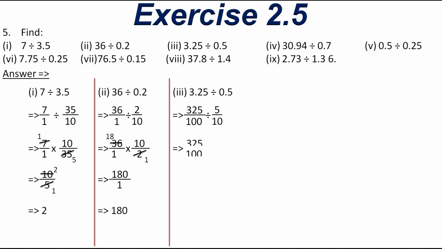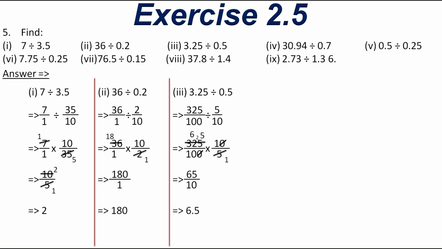So 325 upon 100 multiplied by 10 upon 5 it will become. Now here 5 ones are 5, 5 sixes are 30, 2 remain, and 5 fives are 25. Now here the zeros will cancel. Okay, so 65 ones are 65 upon 10 ones are 10. Now this can be written as 6.5.